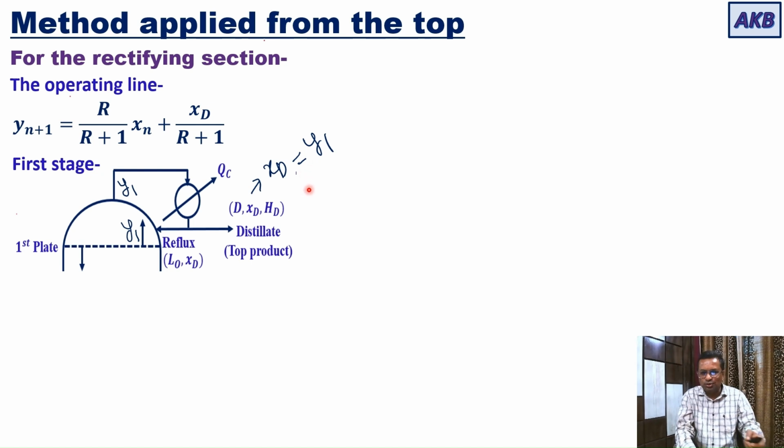And we are going to show this with the help of this equation. For the first stage, Xn is equal to XD and Yn+1 is equal to Y1. If you look carefully at this equation, on the left-hand side, you have composition in the vapor phase in the n plus 1th plate.